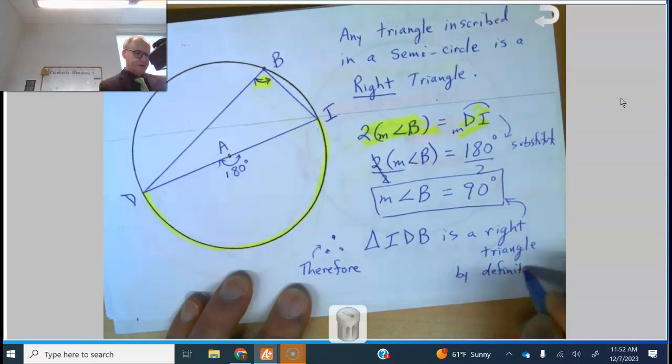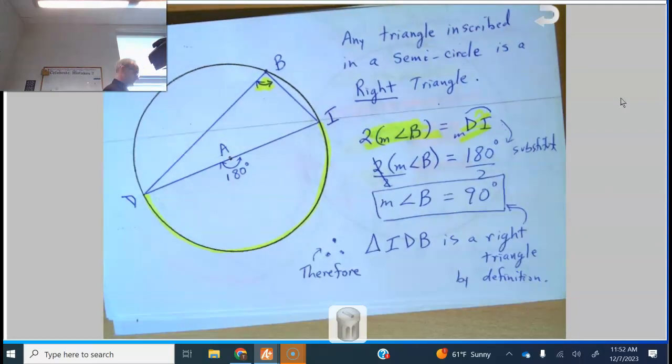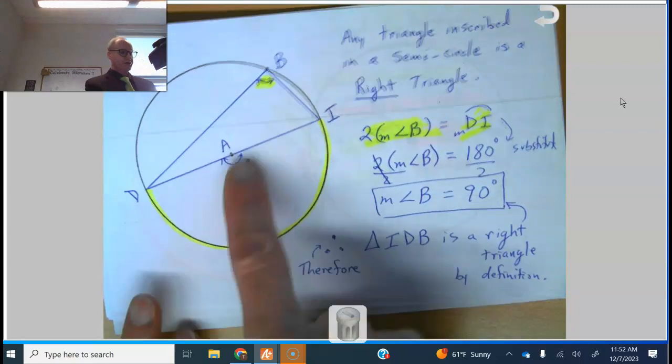And again, it's by definition, because that's what we mean when we talk about a right triangle. You just get a 90-degree angle gives you a right triangle.